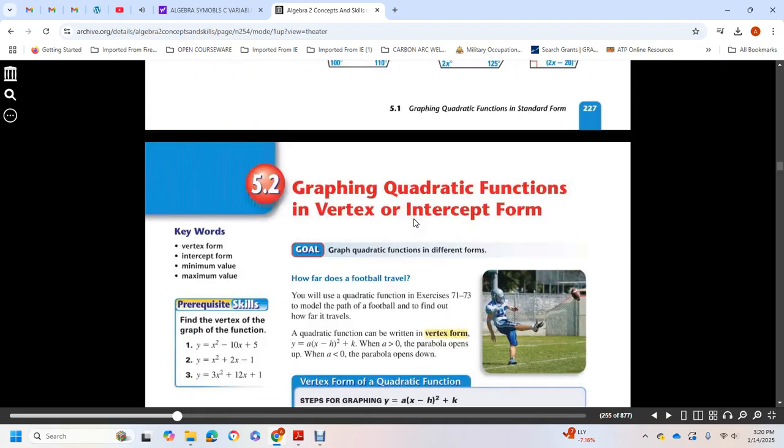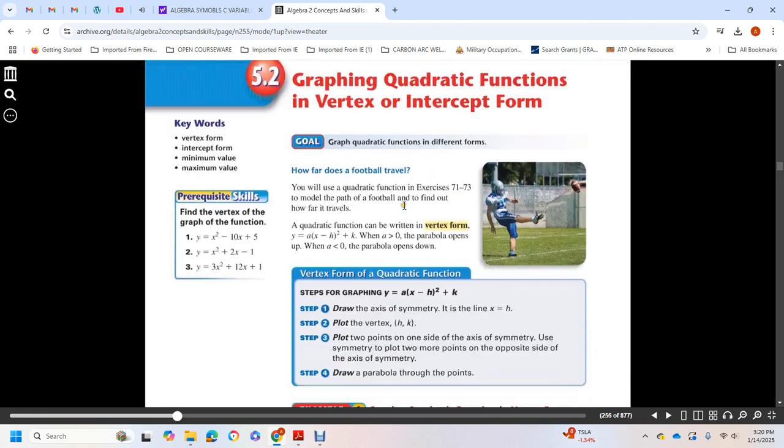5.2, Graphing quadratic functions in vertex and intercept form. A quadratic function can be written in vertex form: y equals a times (x minus h) squared plus k. When a is greater than 0, the parabola opens up. When a is less than 0, the parabola opens down.